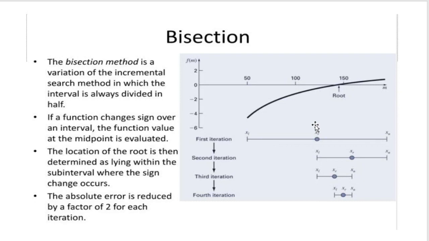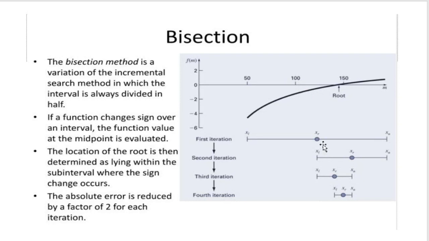That is denoted by xr, and it is calculated as xr equals (xl plus xu) upon 2. So we get the value of xr. And for this value of xr, I now calculate the function value, that is f(xr), and we check the sign of f(xr).